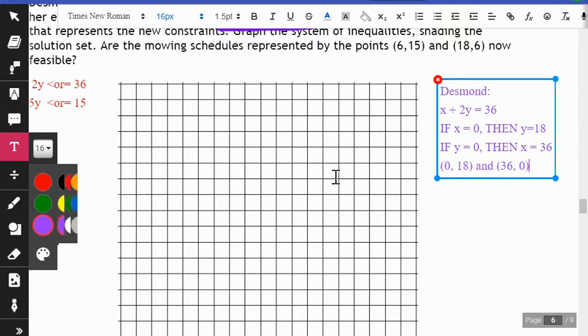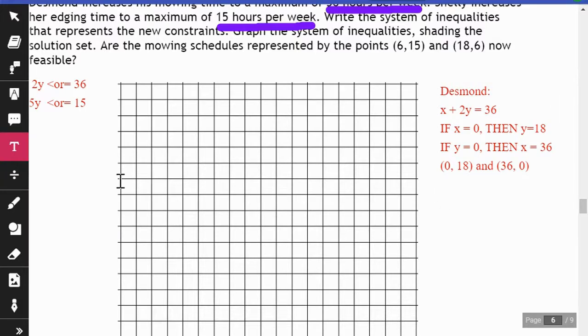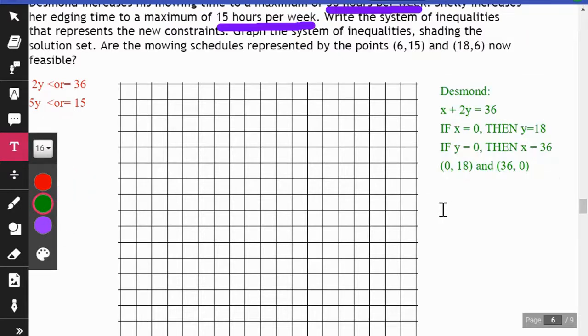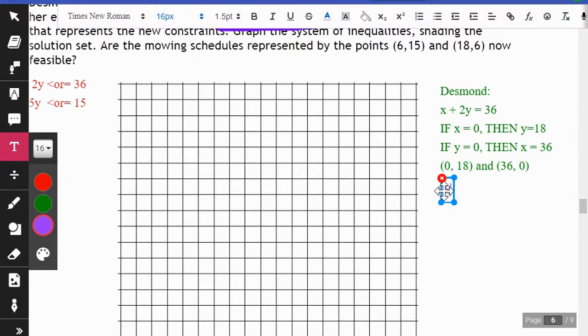Next, I need to go on to Shelley. Now, I can click on Shelley's. She has 0.5x plus 0.75y equals 15.